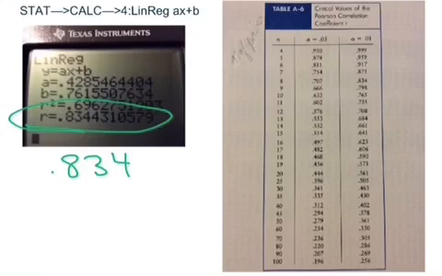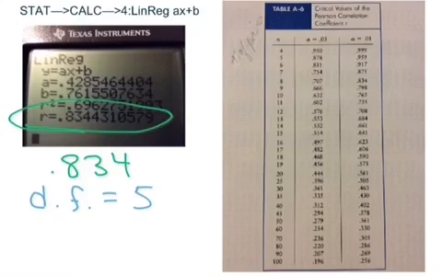First, we need to determine the degrees of freedom for our sample. Recall that we had 7 coordinate pairs for our data. Our degrees of freedom is found by taking our sample size n minus 2. Our degrees of freedom for our sample, therefore, will be 7 minus 2, or 5. Next, we need to identify our alpha level, which is the threshold of significance that we'll be using for our t-test.